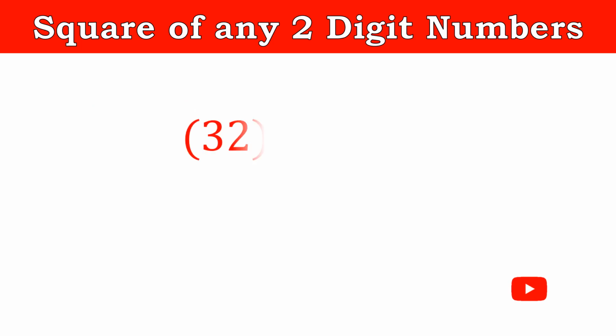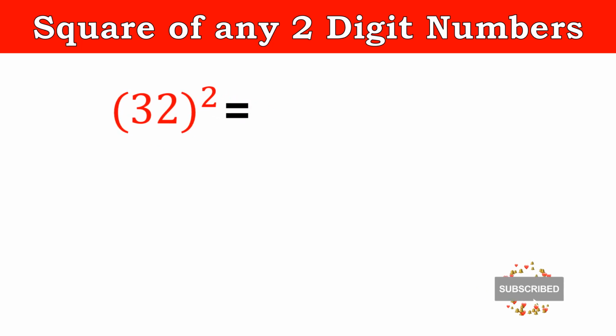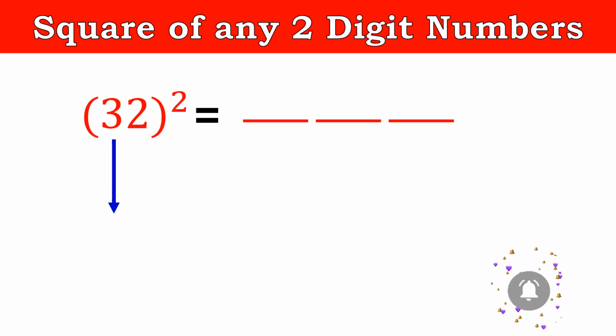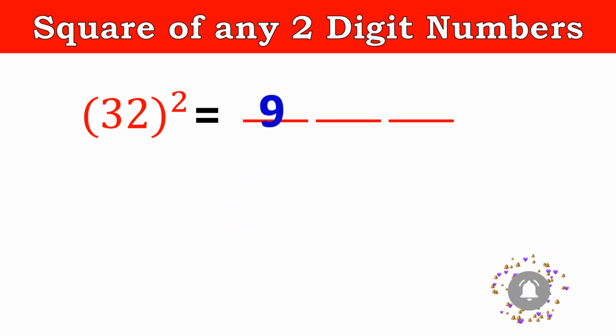Let's take a look at a slightly larger example. Say 32 squared. Now, let's begin by separating the answer into three parts. The first part is just the square of the first digit of 32. So the first digit of 32 is 3, 3 squared is 9, and so 9 is the first digit.